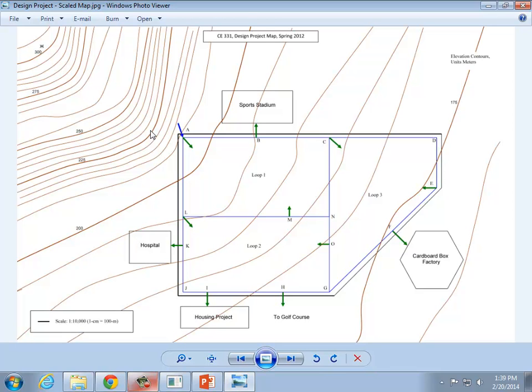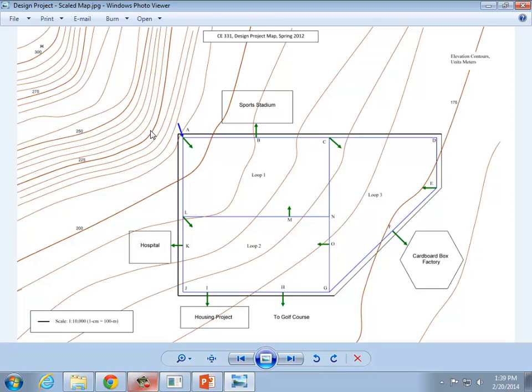How many people are in loop 2? And based on your engineering judgment of the demand per capita, and that's something that the PDF reference I've given you will tell you, how many liters per second per person is required.